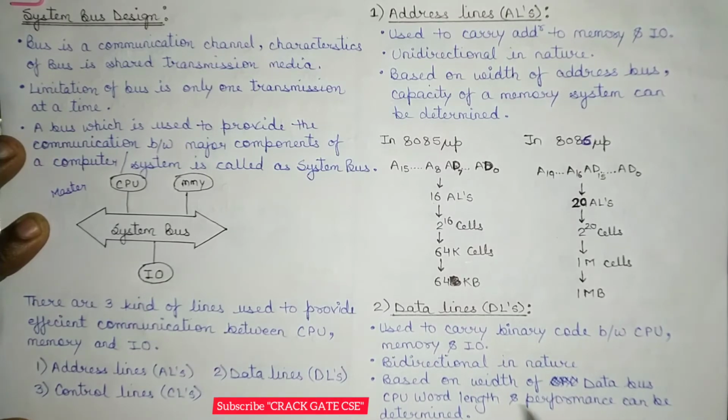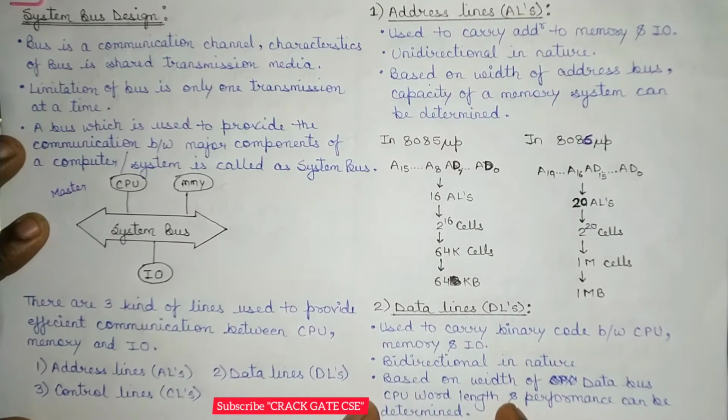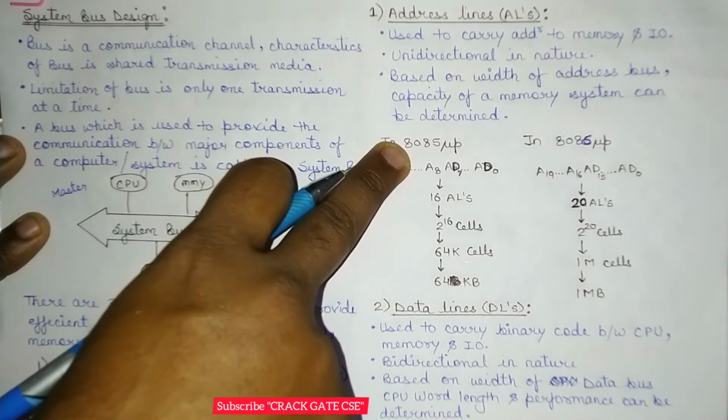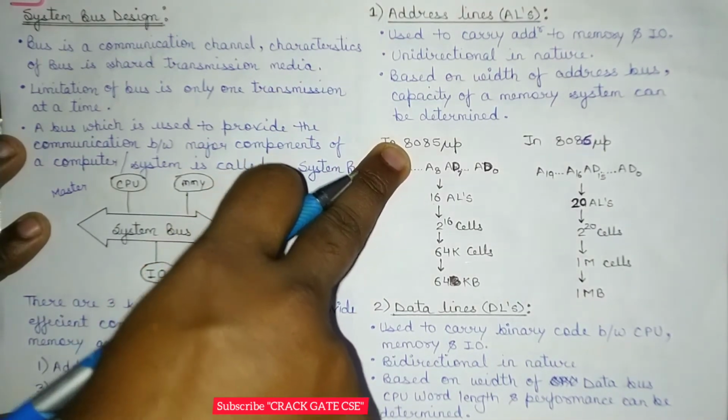On the basis of the width of the data bus, the CPU word length and performance can be determined. So if we know the width of the data bus, we can find out the CPU word length as well as the performance using the data lines. Now let us consider again the example of the 8085 microprocessor.